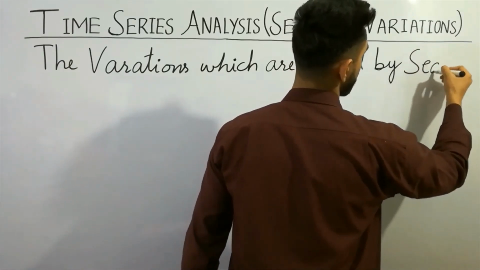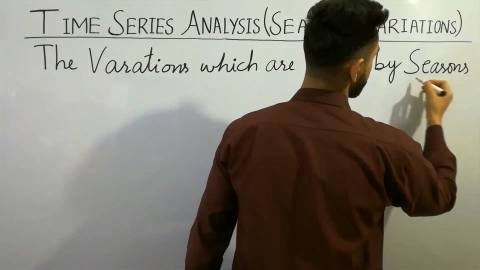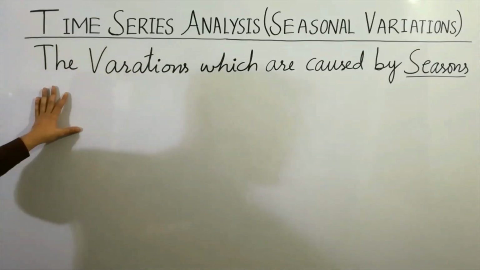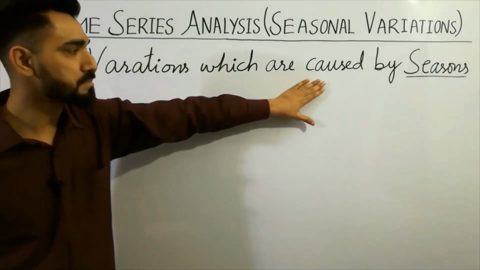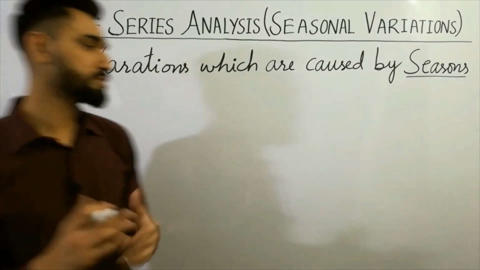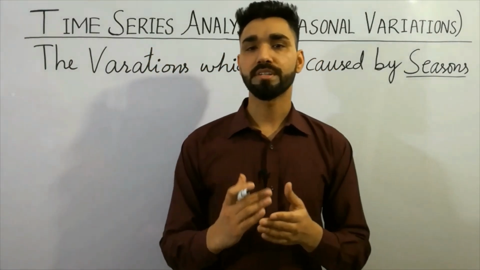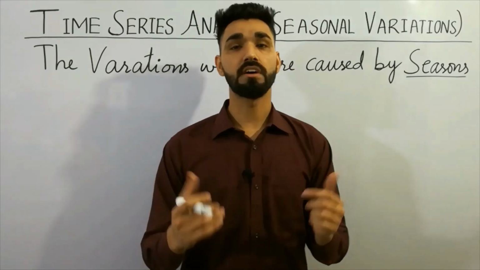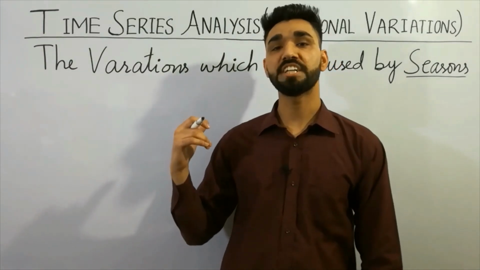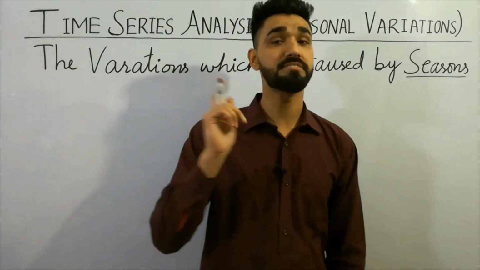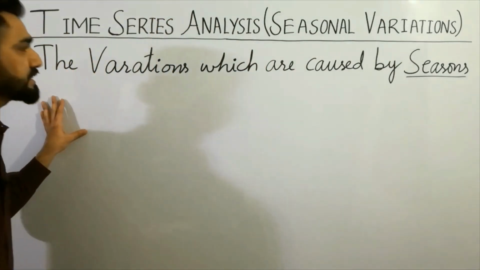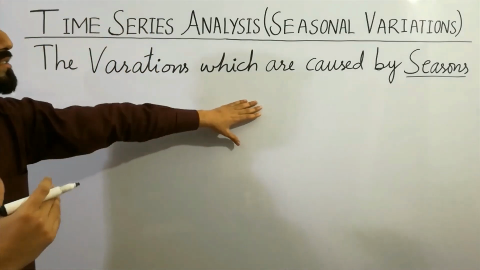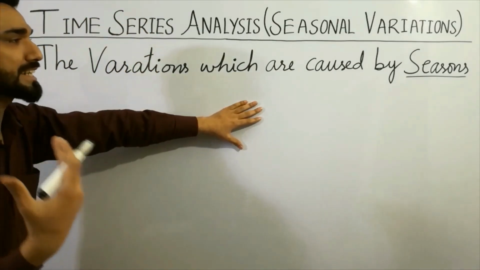Very important point. Let's suppose we have autumn season, summer season, winter season. This is the definition of seasonal variations. The most important point, very easy: the variations which are caused by seasons, winter, autumn, or summer.